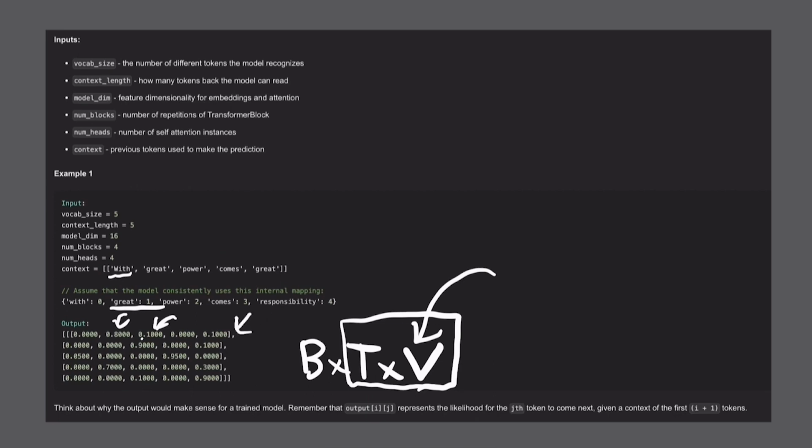There's a 10% chance that "responsibility" comes next, so that would be "with responsibility", and that seems reasonable too. But thankfully, the model is still saying we have an 80% chance that "great", token number 1, the 1th column, comes next, given the context of "with".